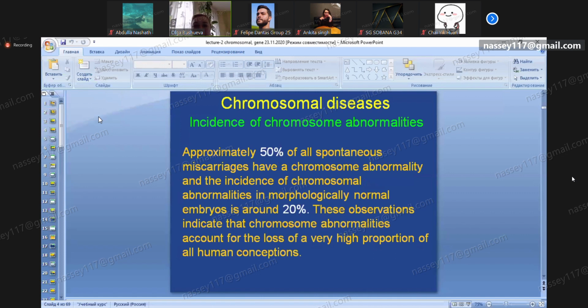Approximately 50% of all spontaneous miscarriages have a chromosomal abnormality, and the incidence of chromosomal diseases in morphologically normal embryos is around 20%. This observation indicates that chromosomal diseases account for a loss of a very high proportion of human conception.